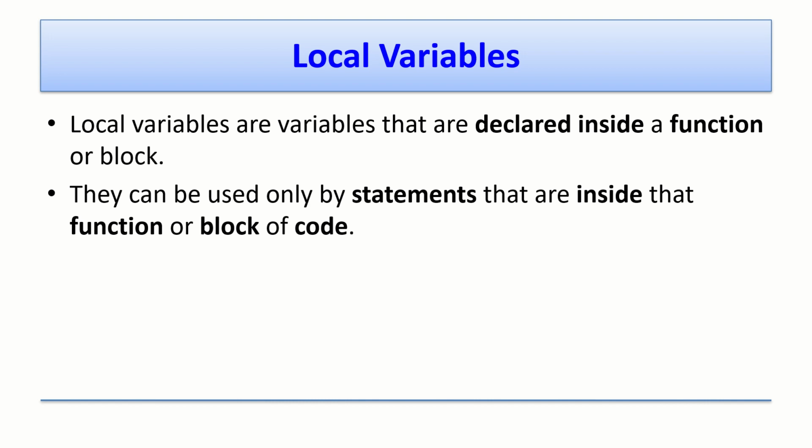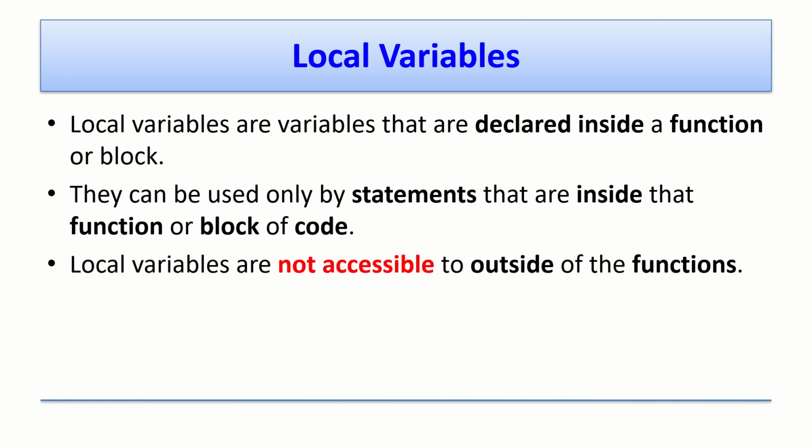They can be used only by statements that are inside that function or block of code. So if you declare a variable inside the function or inside a particular block, those variables can be used only by statements inside that particular block or function.